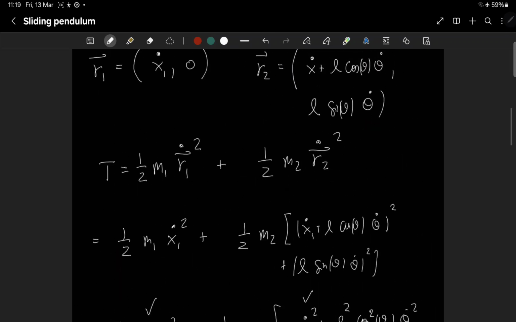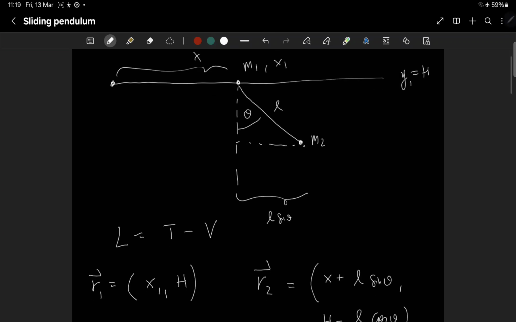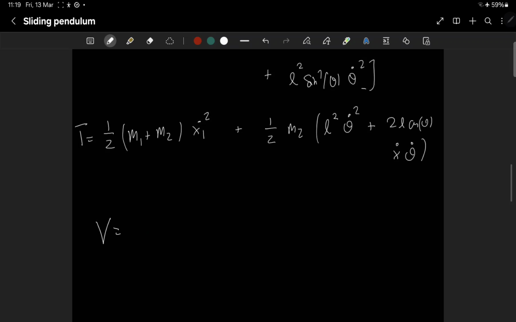The potential energy, well, it just depends upon the height of this second mass, right? Which is h minus L cos theta. So we have got that the potential energy is m2 times g times h minus L cosine theta.